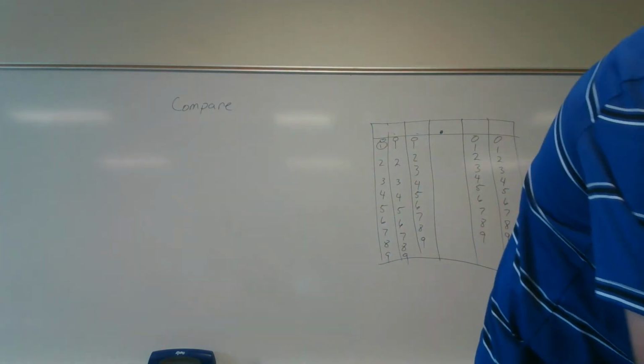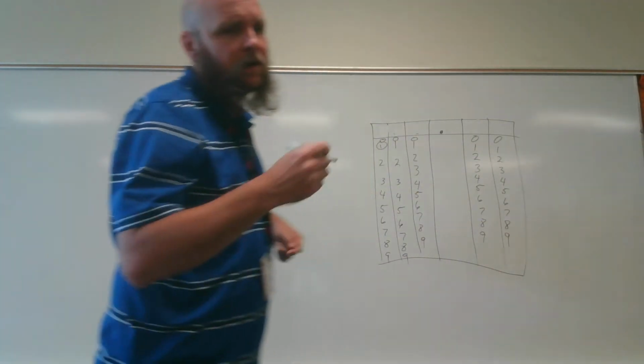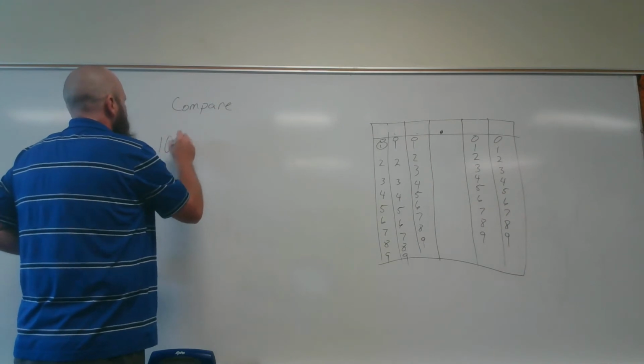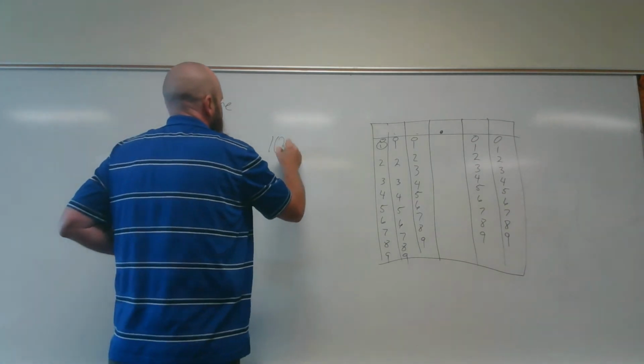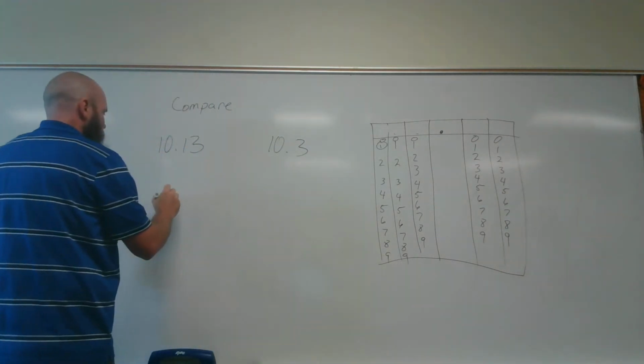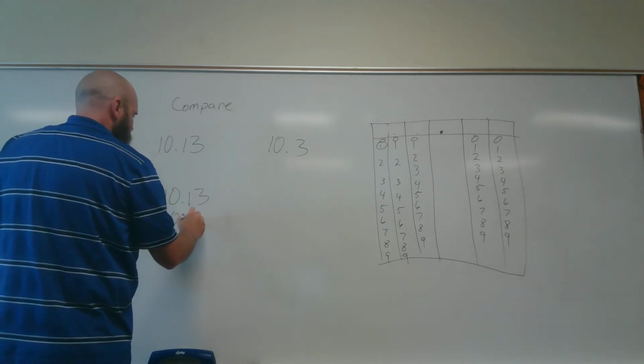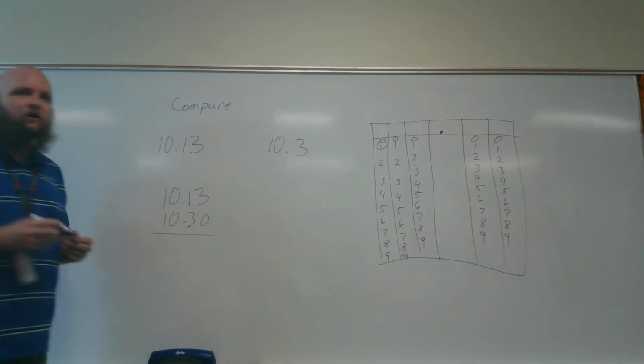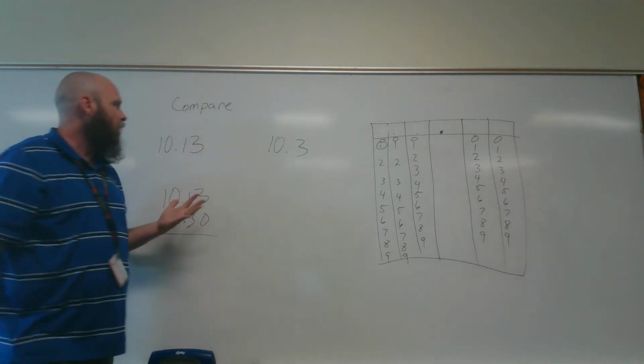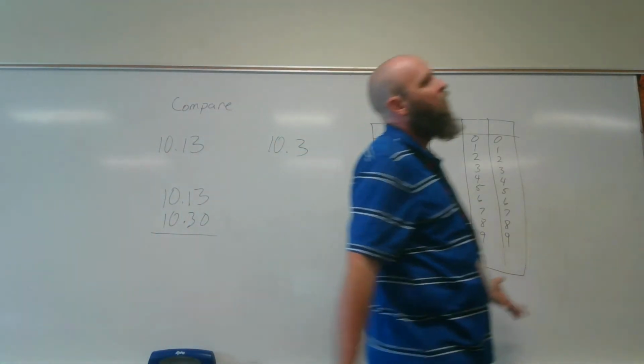Let's do the other compare here. 10 and 1300ths and 10 and 3/10. Now if we line them up again, and we added our magic zeros, and they only go out to the 100th place, I kind of like to think of it as money.